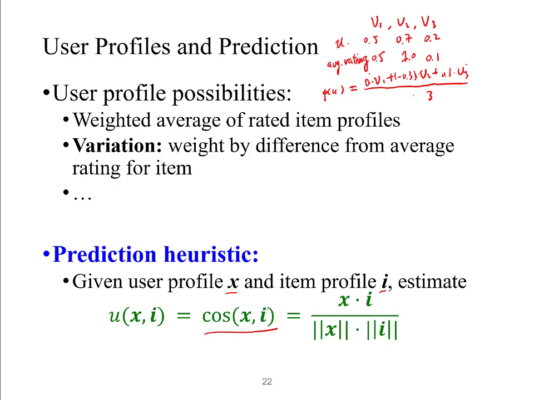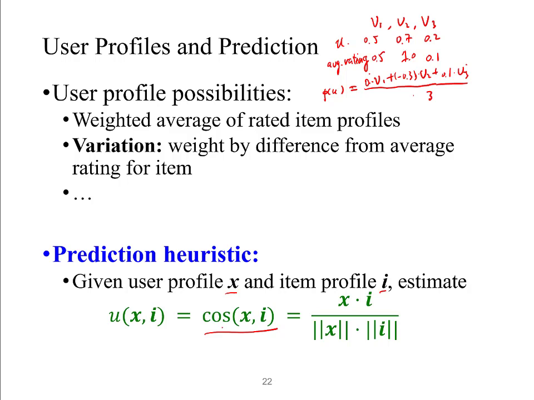When the angle is 0, it means they're quite similar, and the cosine would be 1. Right? And if they're very different from each other, say the angle is pi, then the cosine value should be -1, which is the smallest possible value of cosine x and I.